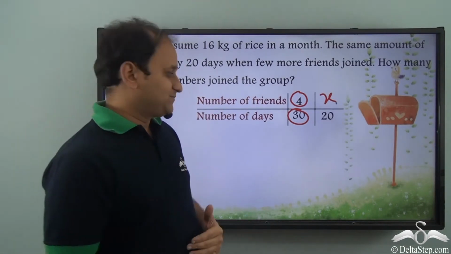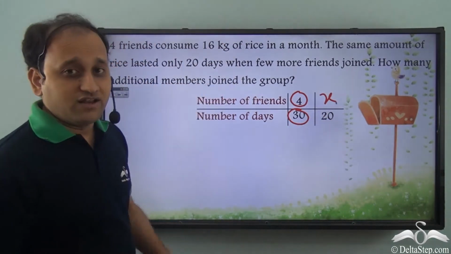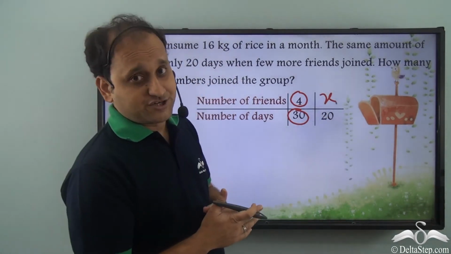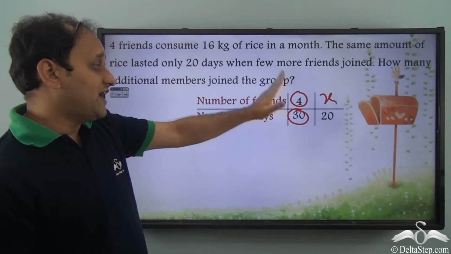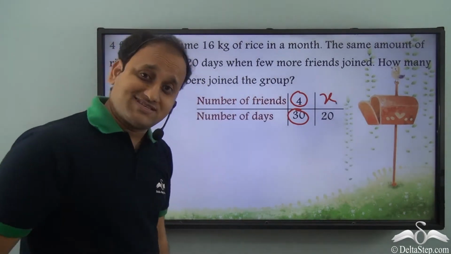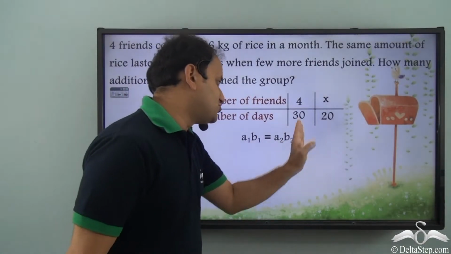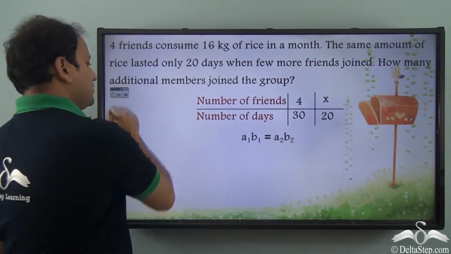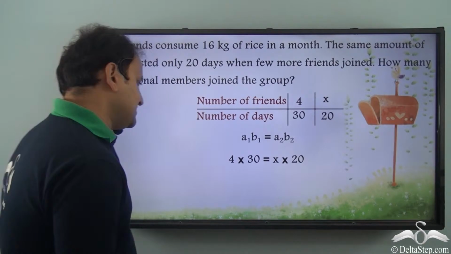Can you find the correct answer? Well, let's see. If this is an inverse variation, then we will use the rule for inverse variation, that is, the product of A and B is always constant. So A1 into B1 is equal to A2 into B2. So 4 into 30 is equal to x into 20.